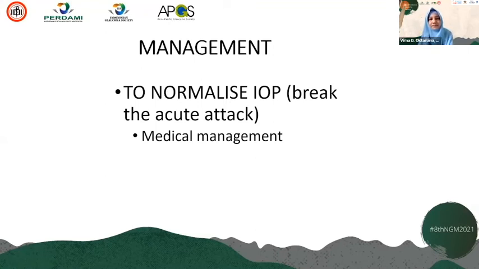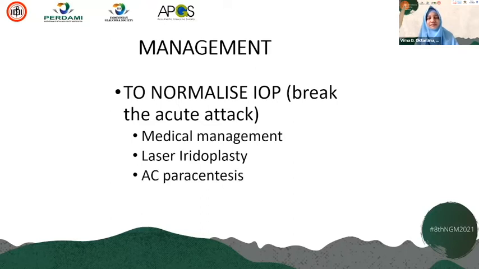Traditionally, most of us use medical treatment, but sometimes depending on the onset and the duration of the attack, medical treatment may not be able to lower the intraocular pressure as rapidly as we want it to be. And studies have shown that laser iridoplasty can even be used as a primary treatment. And if we don't have a laser with us, then we can even do anterior chamber paracentesis.